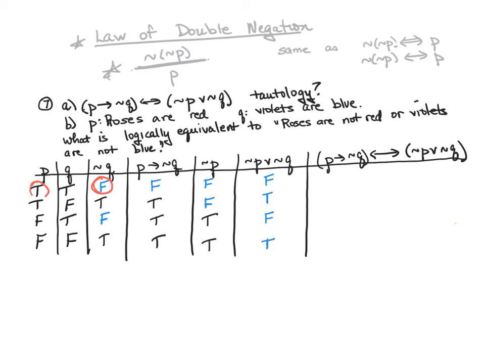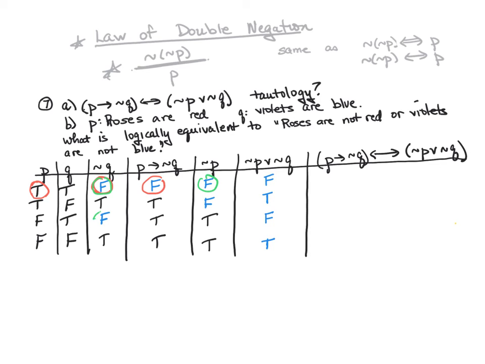All right. So when the antecedent is true and its consequent is false, then the conditional is false, otherwise it's true. And a disjunction is true most of the time. It's only false when both disjuncts are false. And if you see that, we have two falses here and here.